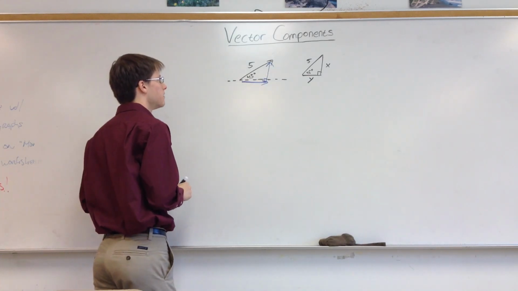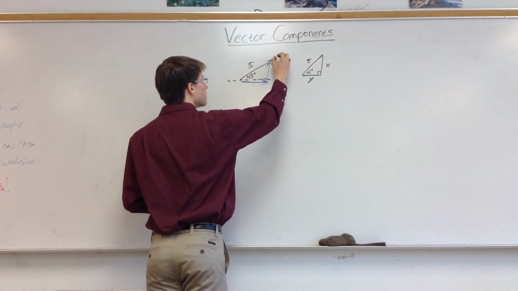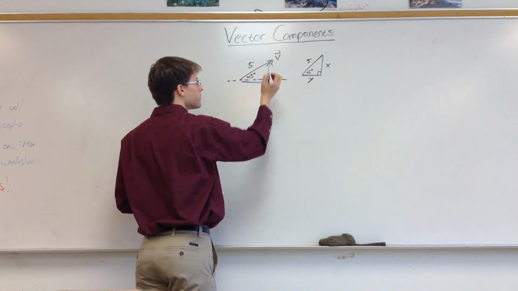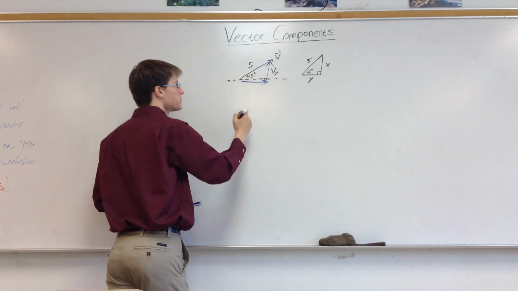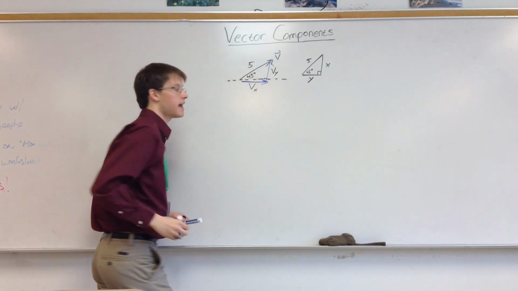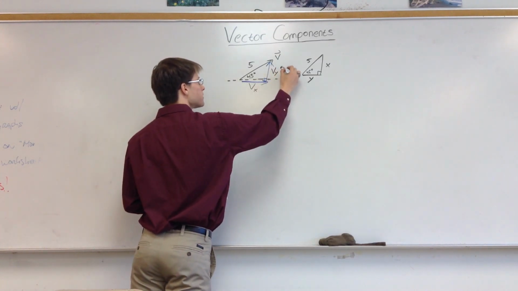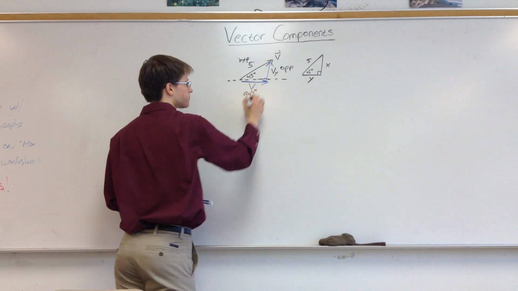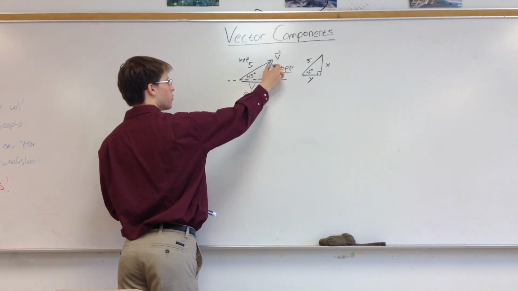So, if I call this vector v, then the length of this side is the y component, so this is vy. The length of this side we'll call vx. So we want to solve them. So this is our opposite, 45, our hypotenuse, and our adjacent. So setting this up, let's solve for the opposite, vy, first.